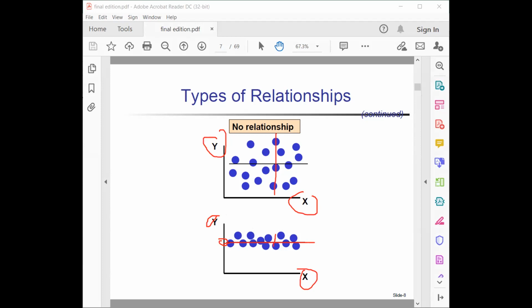So we can say this is no relationship, or there is no correlation.